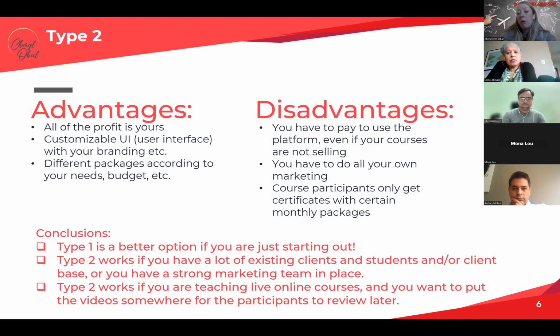For example, this could work for Mushtaq in your case, because you have existing students and you're working for a university, and maybe your university would pay for the platform. And then all you have to do is upload your content in there. If it's synchronous, record your session, stick it up there. If it's asynchronous, you can record yourself talking about something later on, put it up there, and you can create lessons and all of that.